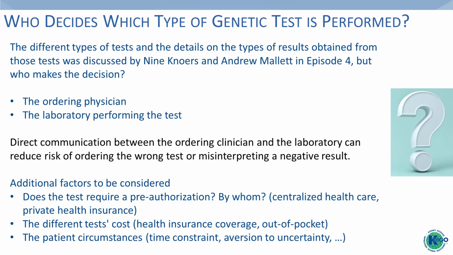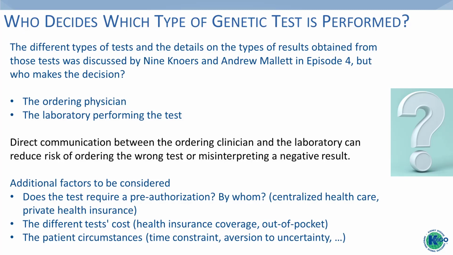But if, as a nephrologist, you would send in a sample for genetic testing for FSGS, then the laboratory specialist would decide which genetic panel would be performed and whether or not it would be suitable, or whether deletion testing should also be performed.